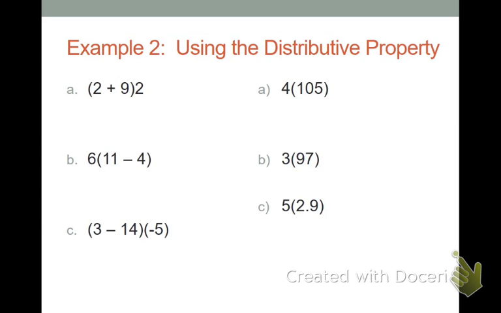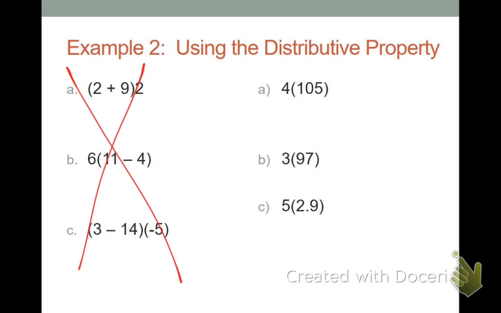Now in example 2, we're actually going to skip these first 3, okay? We're just going to focus on the A, B, and C in the second column. And in your homework tonight, it's going to say, evaluate using the distributive property and mental math.